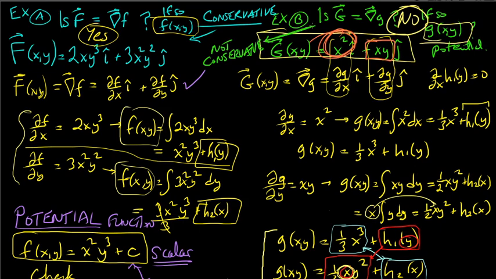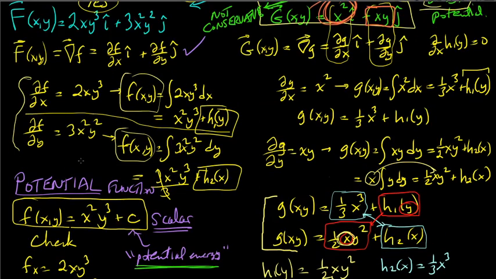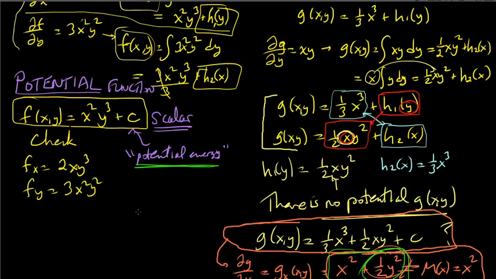Okay? Right. Has nothing to do with their politics. Conservative in this case means it conserves energy. If you think about the potential function, remember I mentioned it's potential energy. So this vector field here would conserve energy. So F conserves energy.